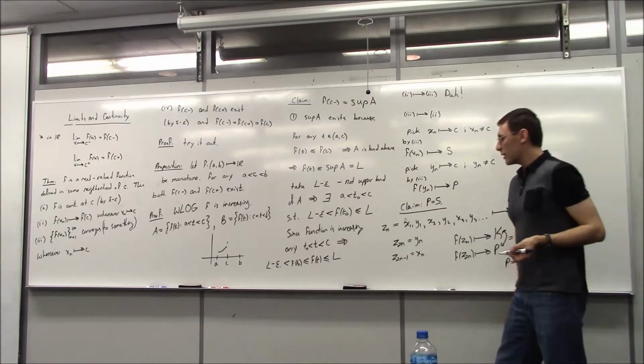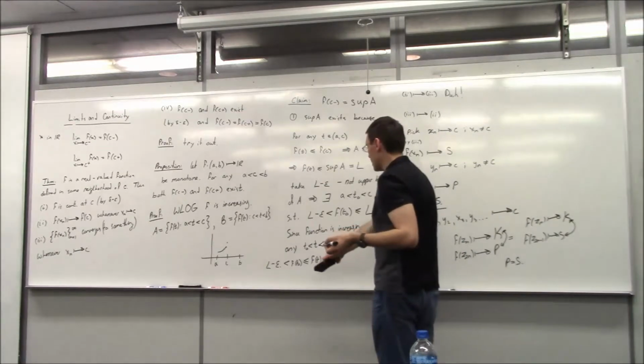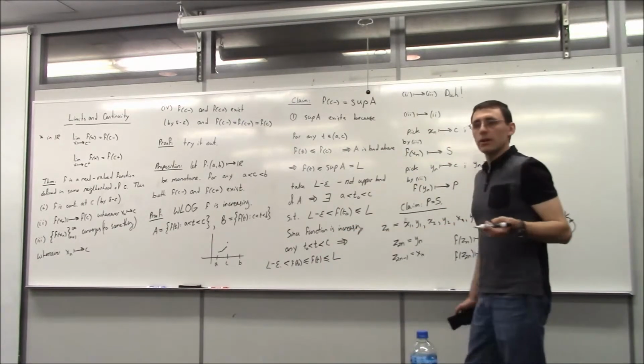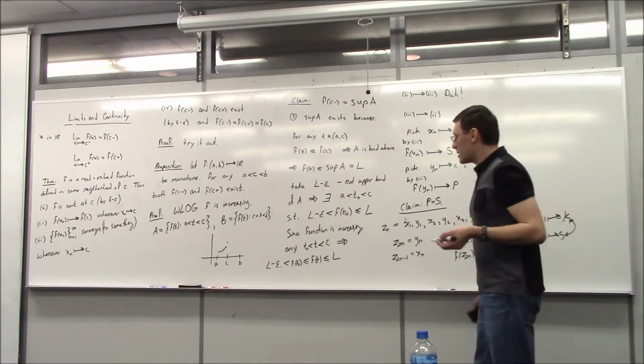So what is our delta? The delta in this case is simply c minus t0.